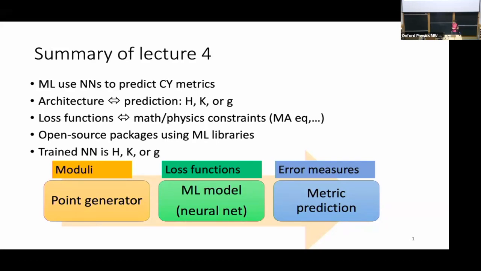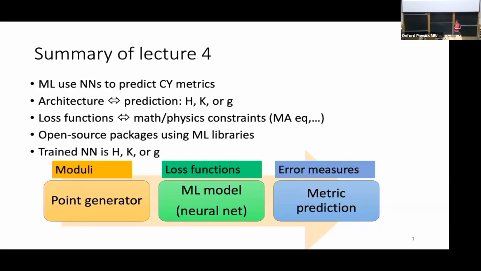And also because we have this way of constructing algebraic metrics using this Hermitian matrix H, we can predict the H matrix. Then we encode that in our neural network architecture, in particular in the number of outputs, that's the nodes in the output layer of the neural net.